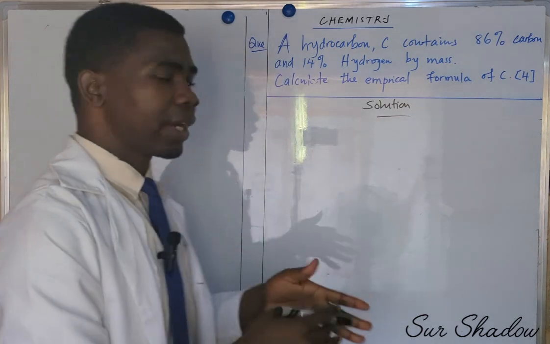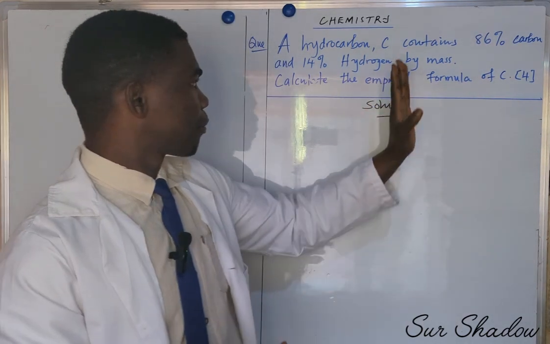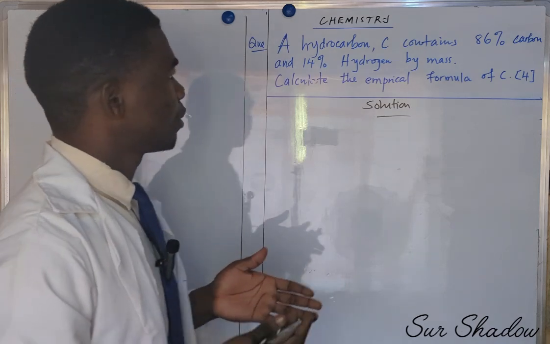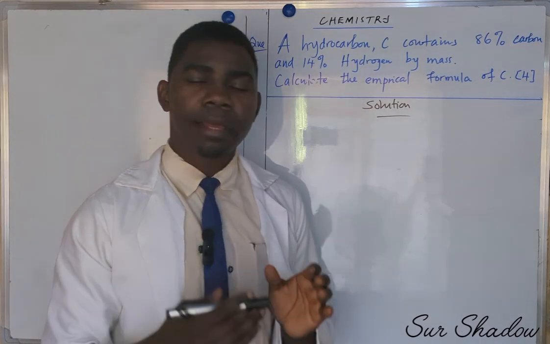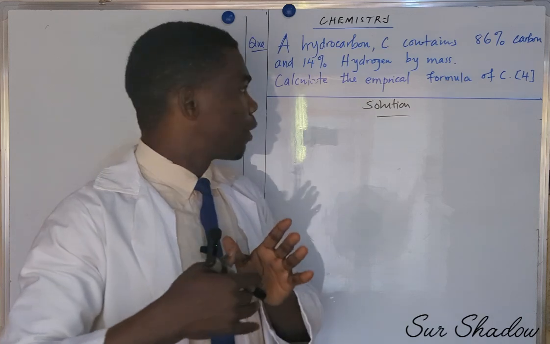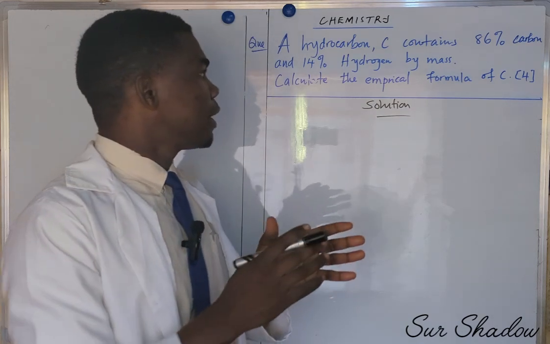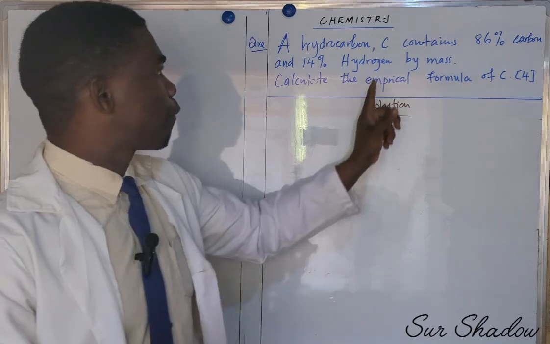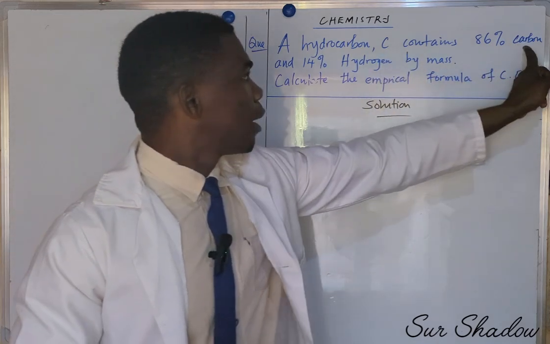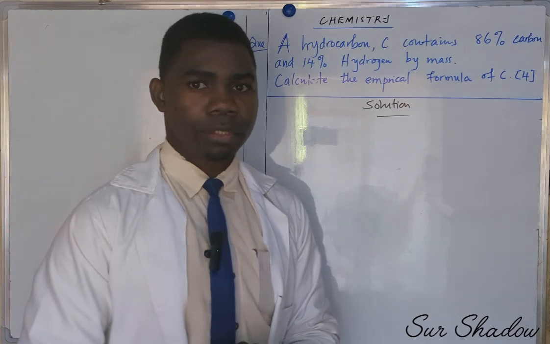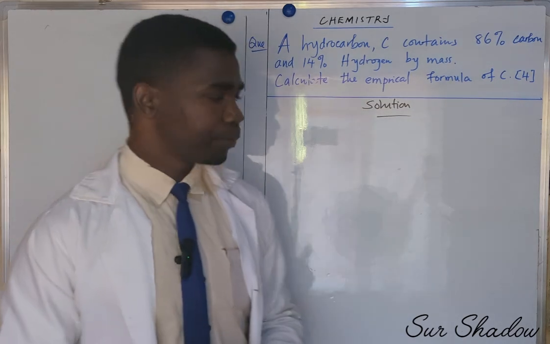Let's break up these steps for us to come up with the correct solution for this empirical formula. We are going to form a formula consisting of a certain number of carbons and a certain number of hydrogens, since it's a hydrocarbon.